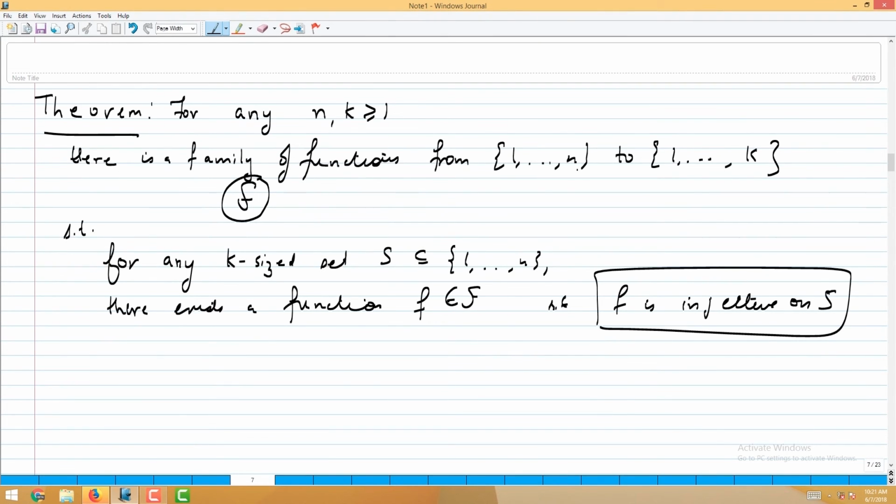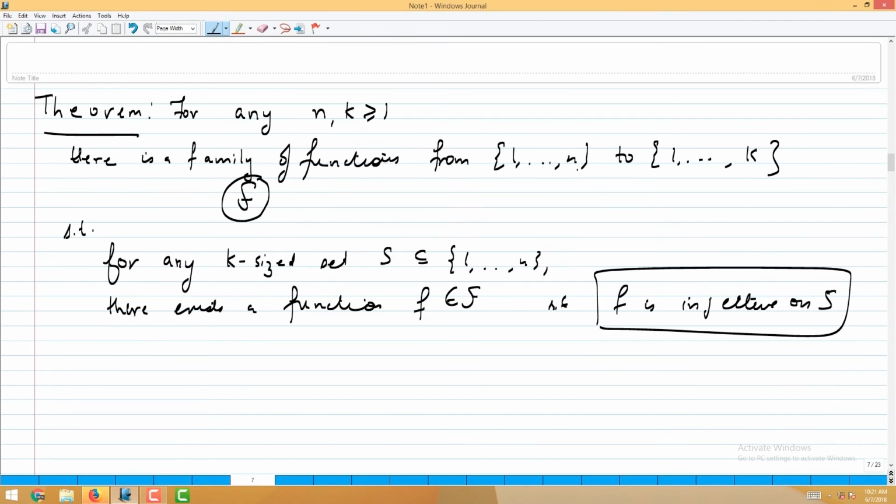Then if I give you any k size set S, there is always a function in this family that is injective, because, as she said, given a set S, I can always come up with a function that is injective on S. And I have taken all possible functions from 1 to n to 1 to k in this family, so in particular I would have taken all the functions she proposed for a given S. So such a family is no big deal. It always exists.